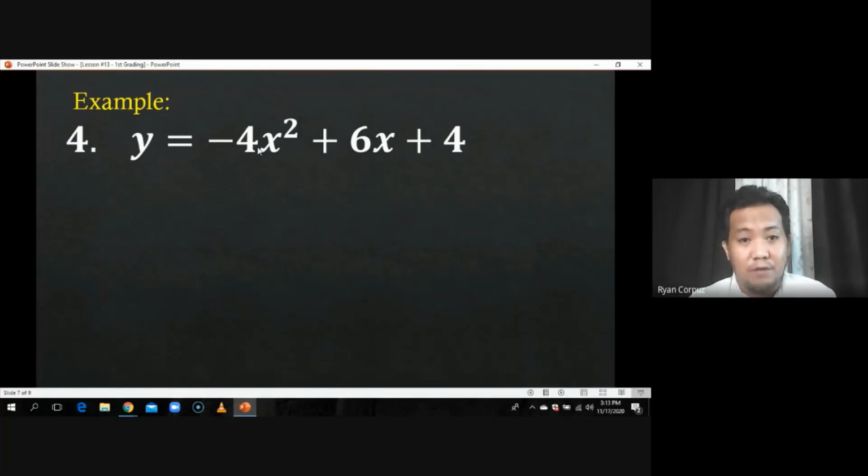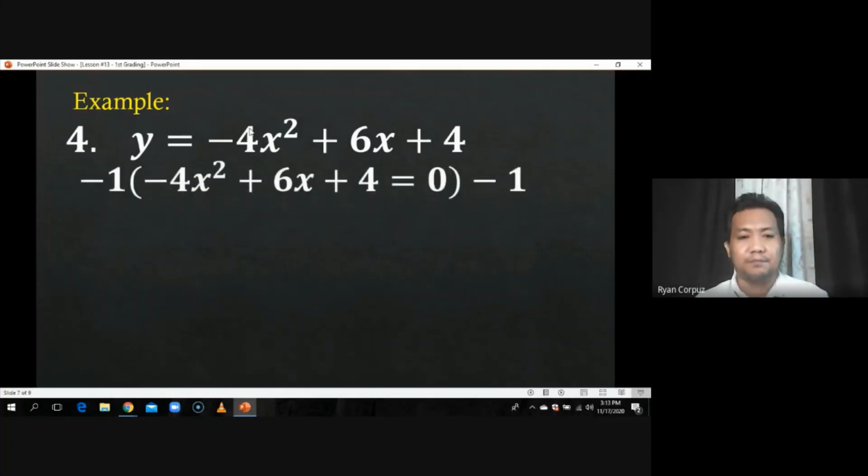And since your a is negative, just like what we did on example number 2, what we're going to do is to make it positive by multiplying both sides of the equation by negative 1. Because again, it's easier to solve a quadratic equation when your a is positive rather. So what we're going to do, arrange it in general form the quadratic equation.